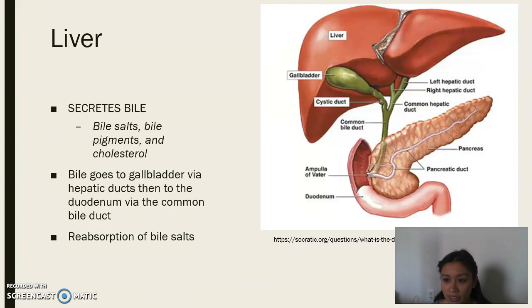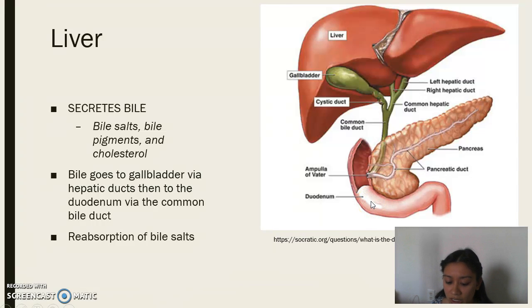So bile gets secreted by hepatocytes, which are of course liver cells right here, and they go from the hepatic ducts to the gallbladder right here, and the gallbladder is where bile is stored and concentrated. And then when an individual eats a meal that is high in fat, the gallbladder will contract so that the bile can then go into the duodenum via the common bile duct right here.